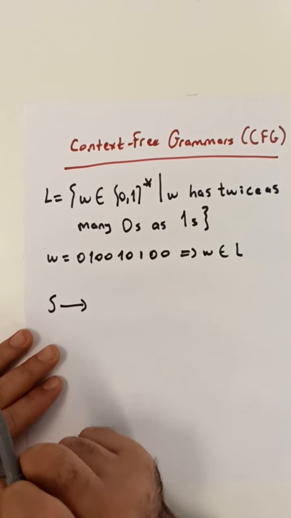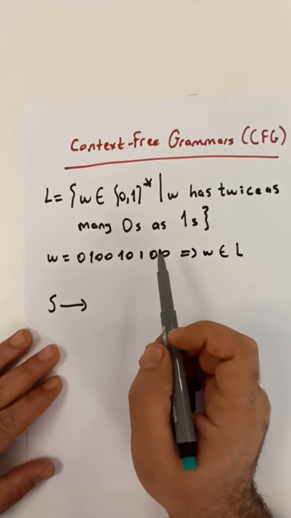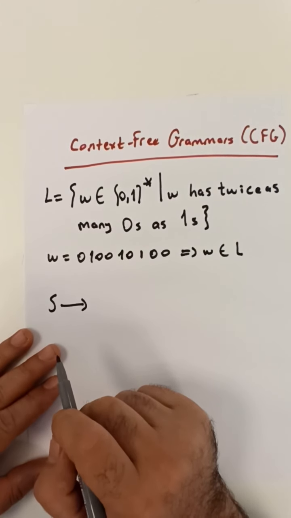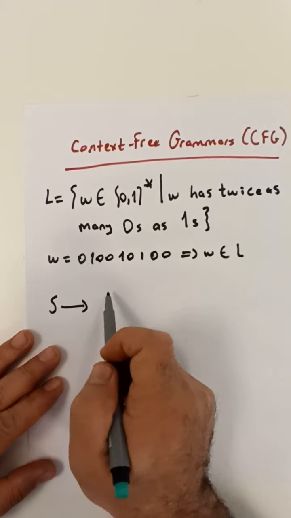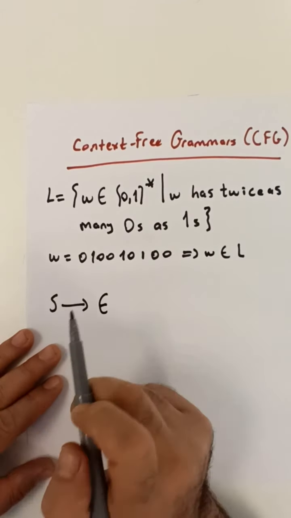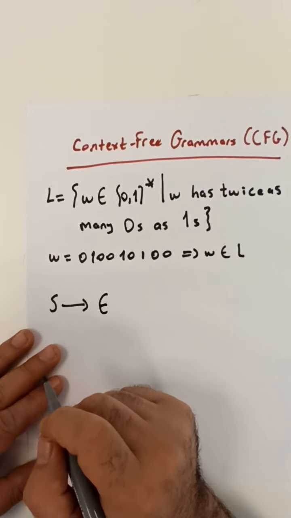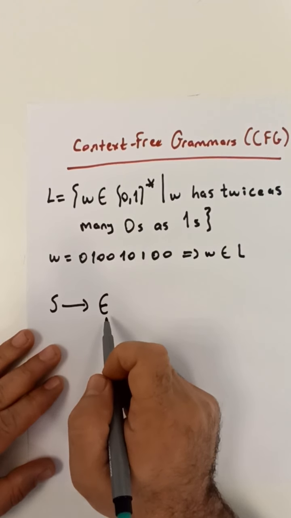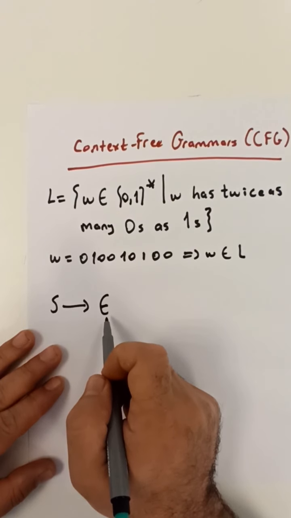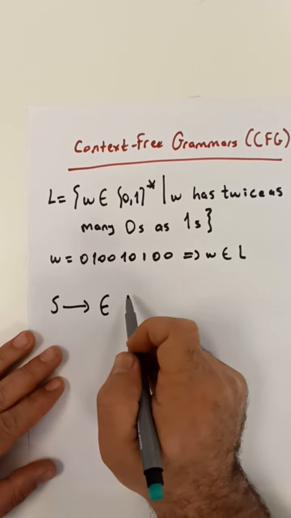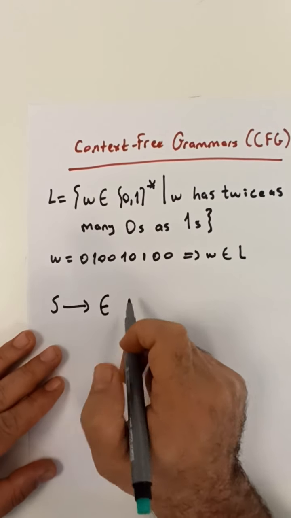So while doing this, we need to consider which string could be the shortest possible string in this language L. If you think about it, epsilon, the empty string, is the shortest string possible inside this language L, because in the empty string there are 0 zeros and 0 ones, and the number of zeros in epsilon is twice the number of ones, because both of them are 0. This is our base case, just the empty string.